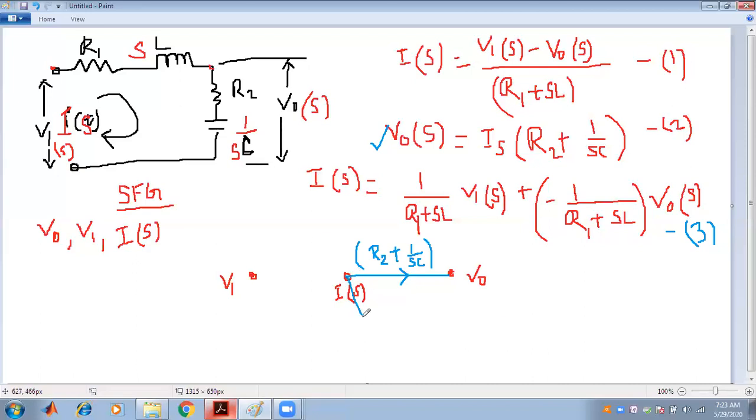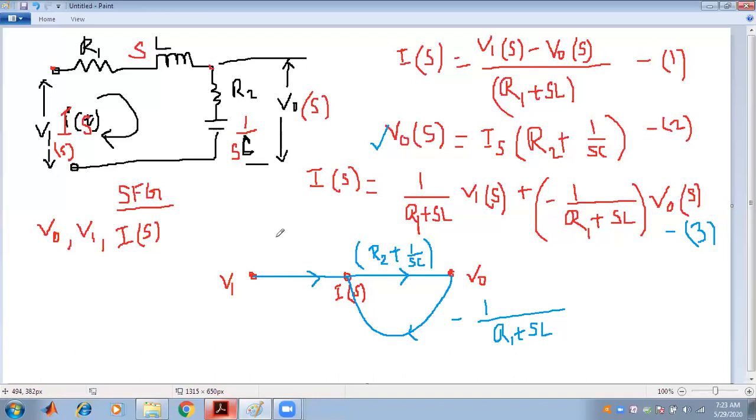So I am taking a feedback, that is minus 1 by R1 plus SL. And V1 is multiplying with a factor called 1 by R1 plus SL.